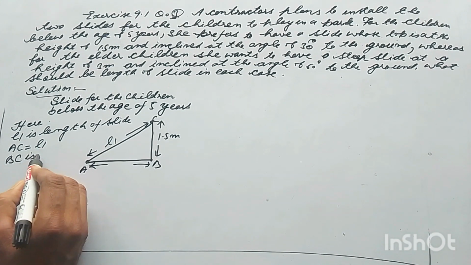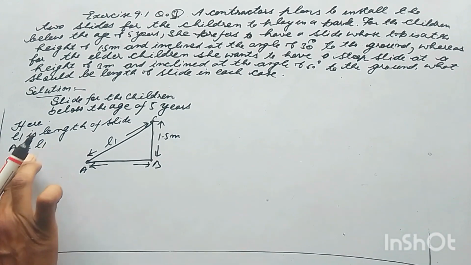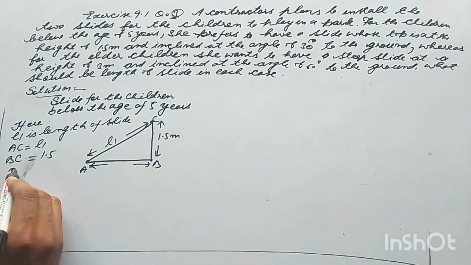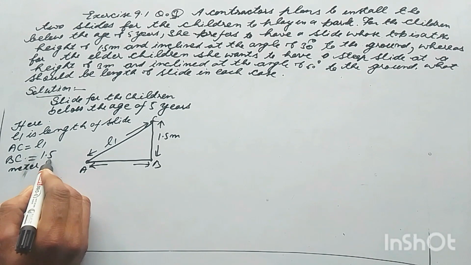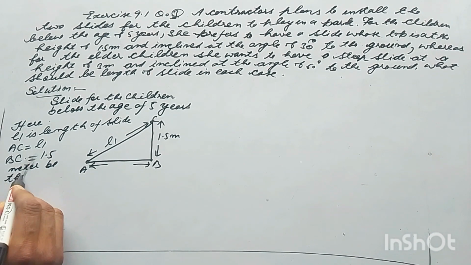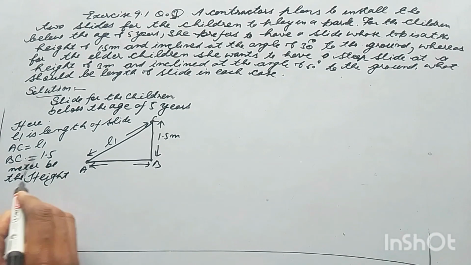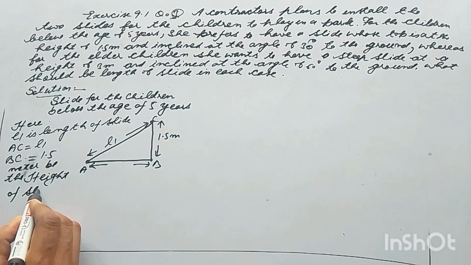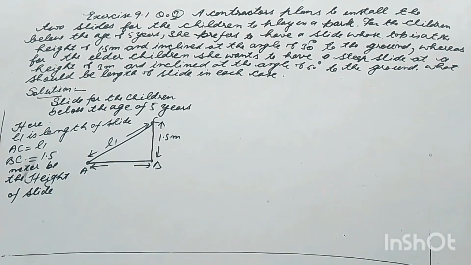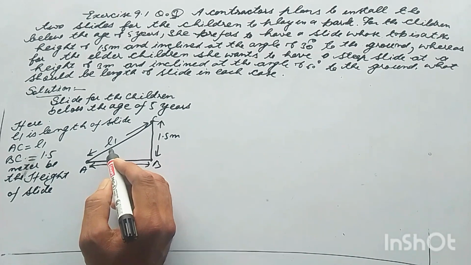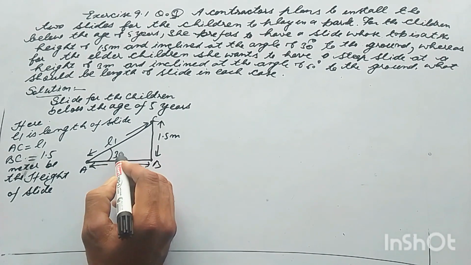BC equal to 1.5 meter, which is the height of slide. In this case, angle is 30 degree.